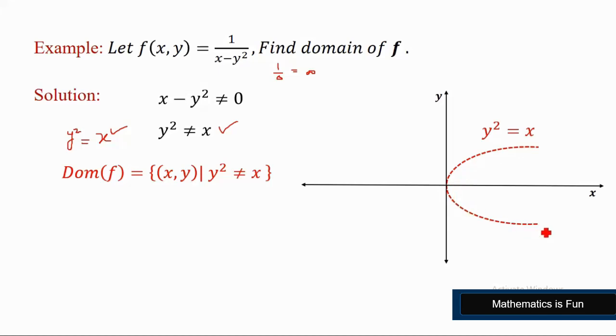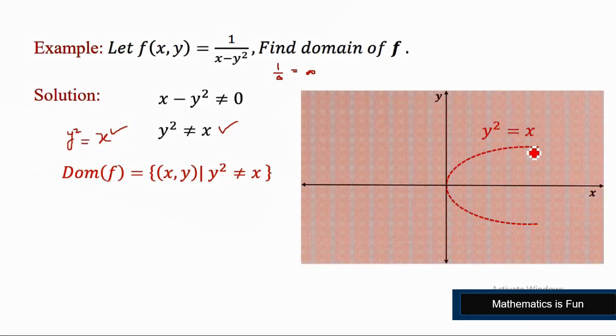So these points are not included in the domain of this function, and the rest of all the points are in the domain of the given function. So all the points except the points on the parabola y square is equal to x are in the domain of the given function.